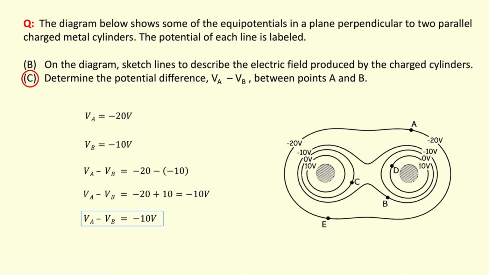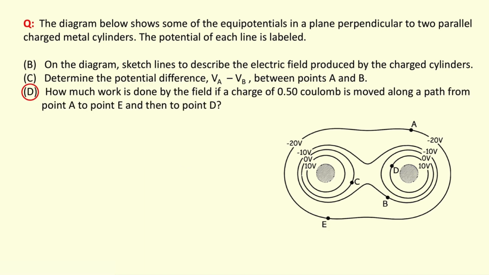Now we are going to answer part D. How much work is done by the field if a charge of 0.5 Coulomb is moved along a path from point A to point E and then to point D? This point is A, E, and then D. Electric charge is 0.5 Coulomb.